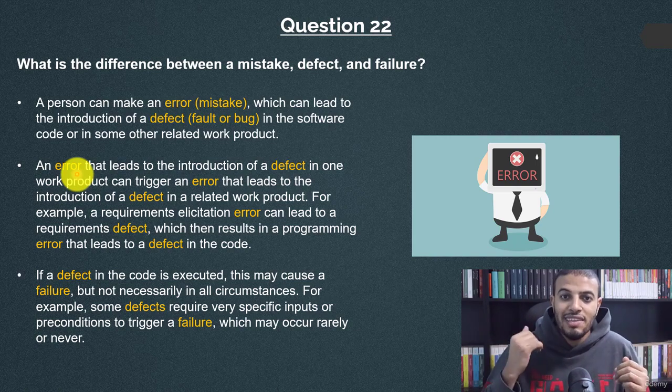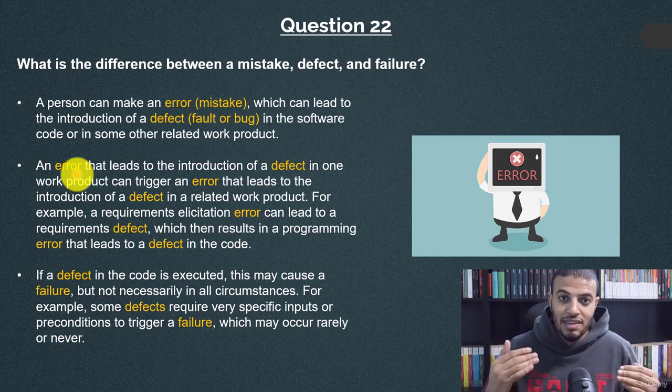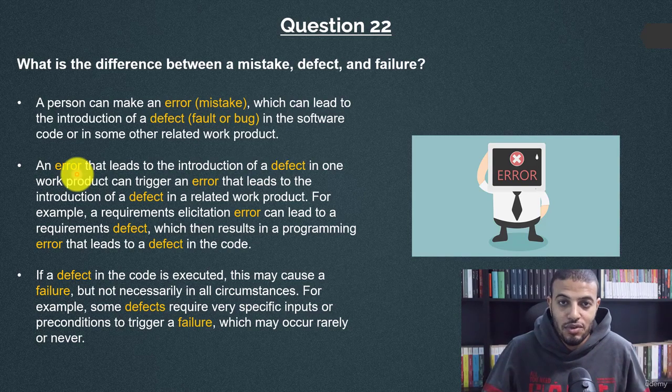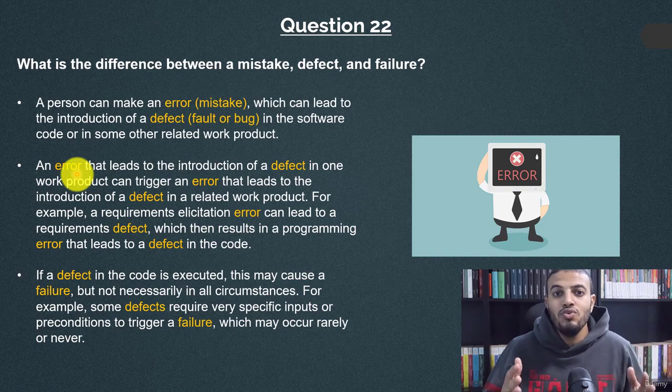And this defect caused an error made by the developer, okay? The developer read the user stories or the product backlog and began to implement them in a wrong way. So this is another error or mistake which will lead to a defect in the software itself, okay? In the system that will go to the tester in order to find defects in it.